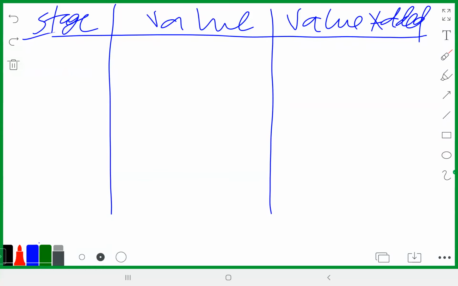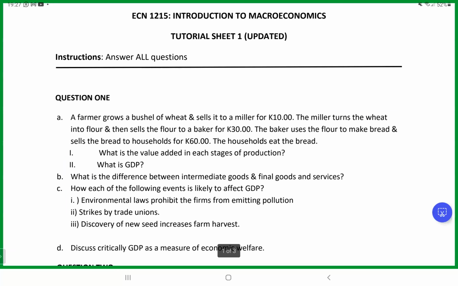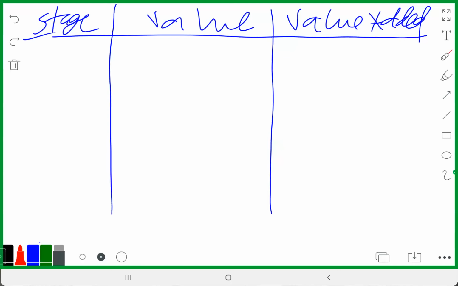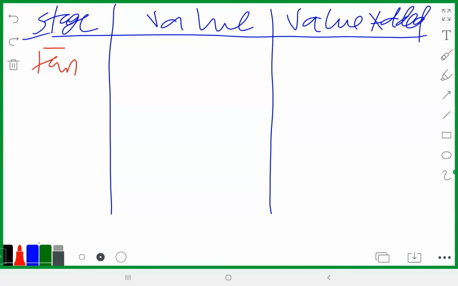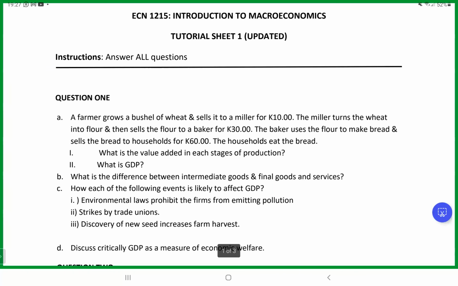Okay. So the first stage that we have is what? We have a farmer at the first stage who makes wheat and sells it to a miller at 10. So the value that is made is 10. So there is a farmer here. The value that he makes is 10. Okay, that's the value of the wheat. And the miller turns the wheat into flour and then sells it to the baker for 30.